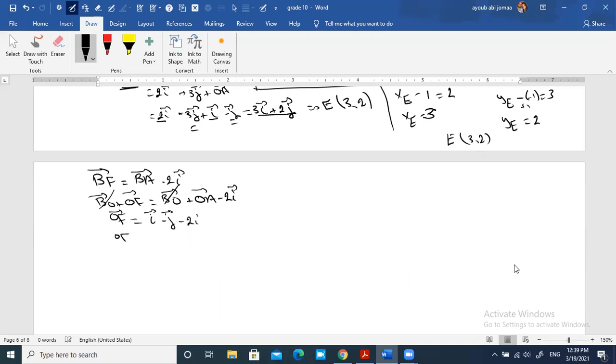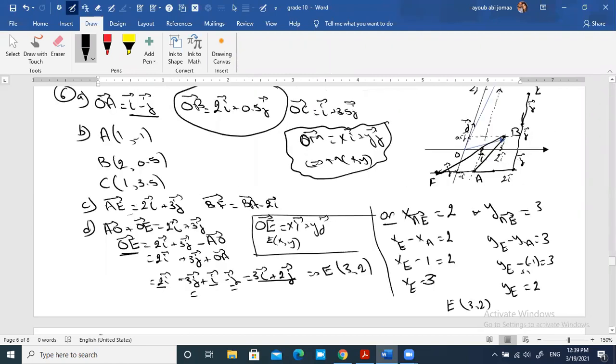So OF is equal to negative I minus J. That means that the components of point F will be negative 1, negative 1, the coefficients of I and J. And here is point F, as you can see, it's negative I minus J. Yep, negative 1, negative 1.